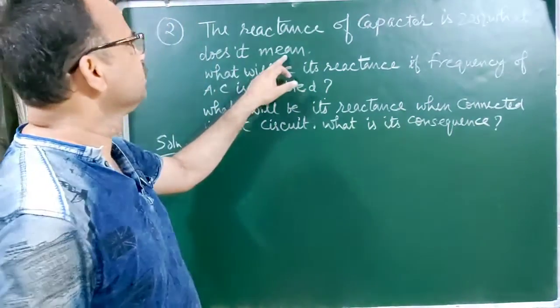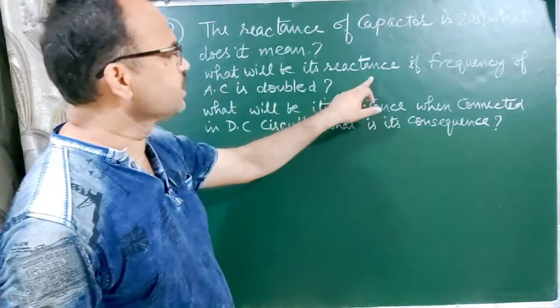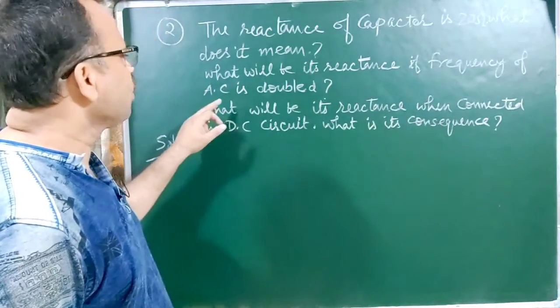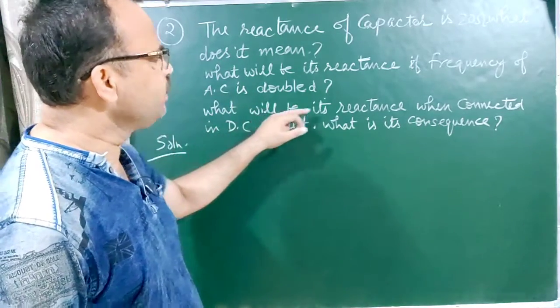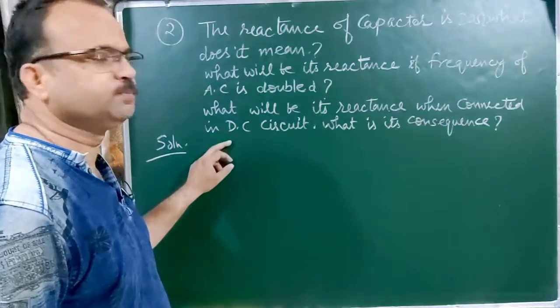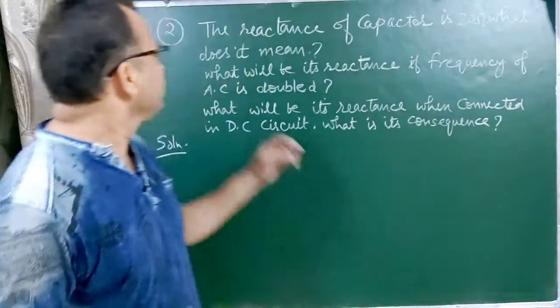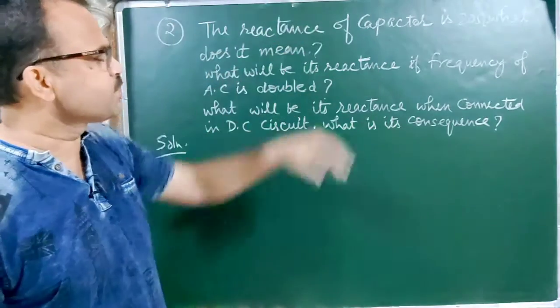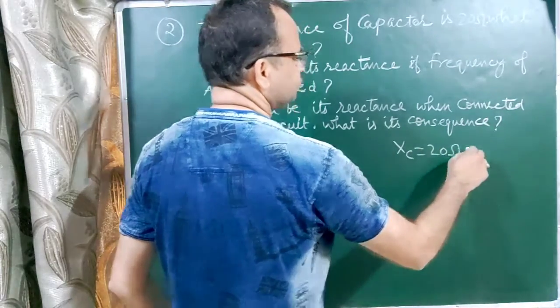What does it mean? In second part, what will be its reactance if the frequency of AC is doubled? And in third part, what will be its reactance when connected in DC circuit? What is its consequence? So in first part, the reactance of capacitor, XC, is equal to 20 ohm.